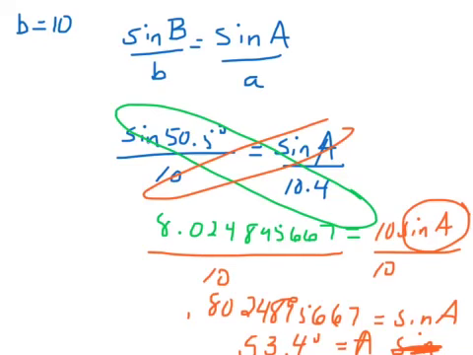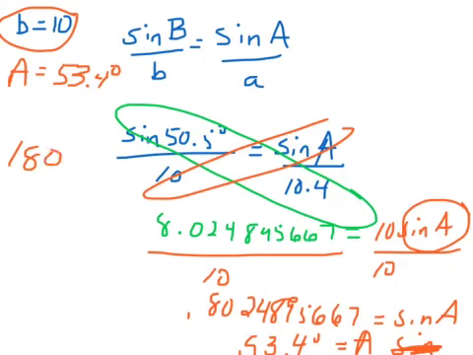Okay. So I already found B. I now know that A is 53.4. Do you think I need to do the law of sines again to find angle C? I could. It's not the easiest way to do it, is it? Because if all the angles add up to 180, and I know that A is 53.4 degrees, and they already told me B was 50.5 degrees, wouldn't it be much easier just to subtract from 180 and not have to do the silly trig formulas, right?